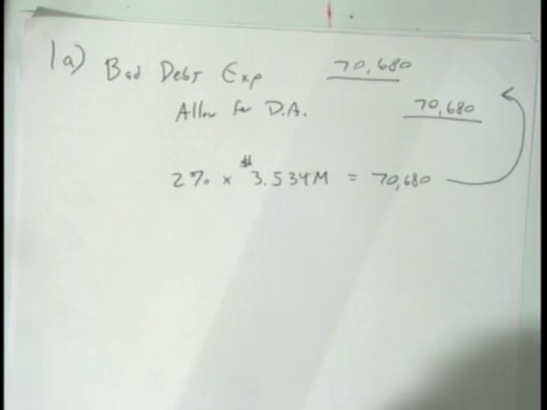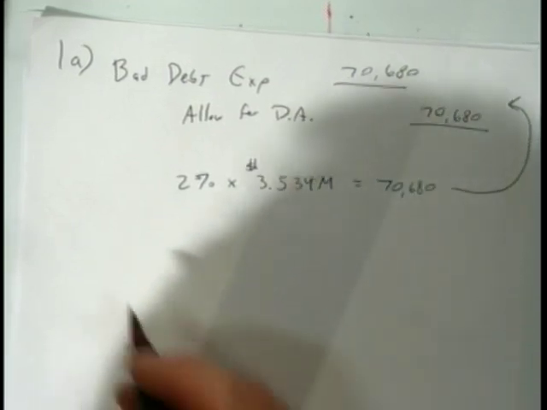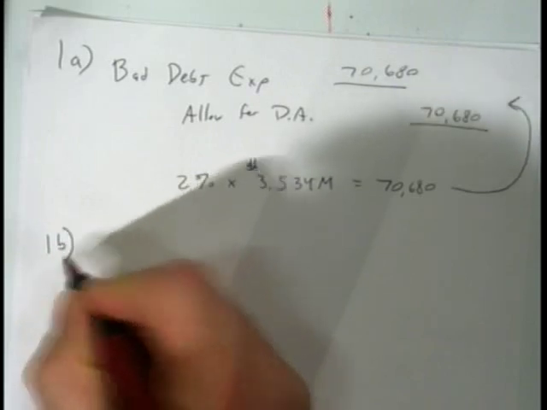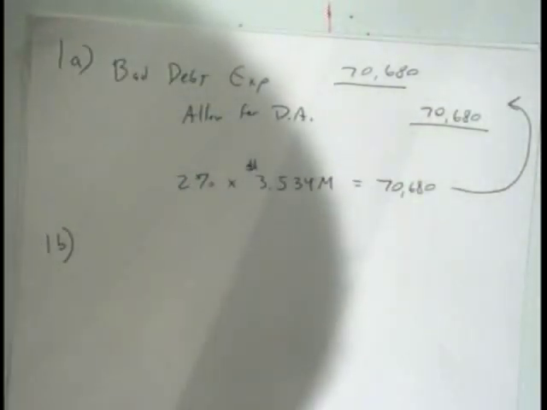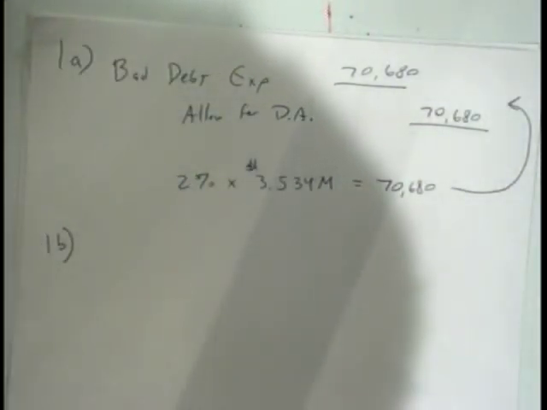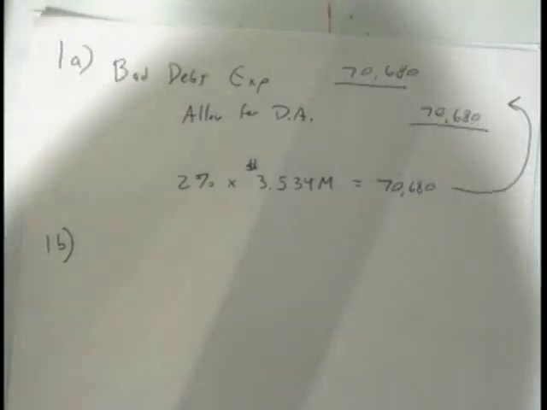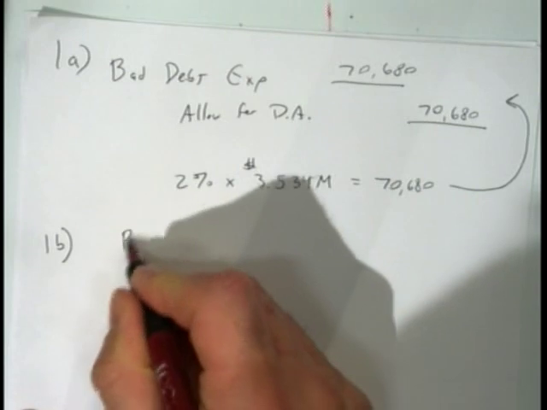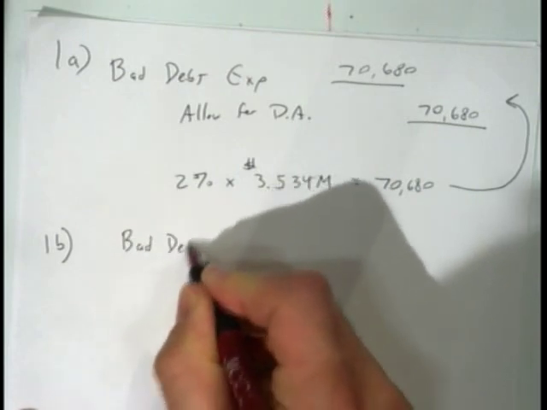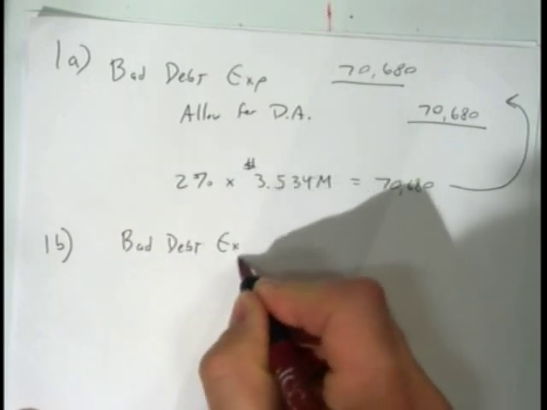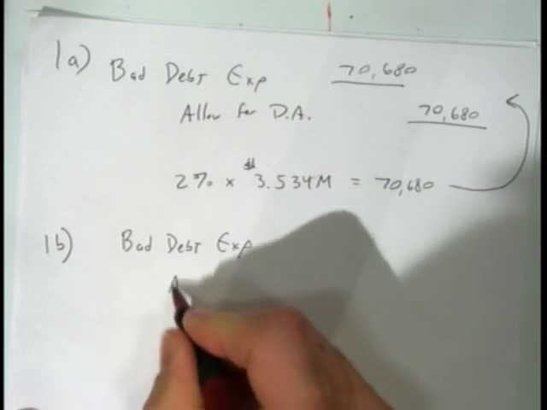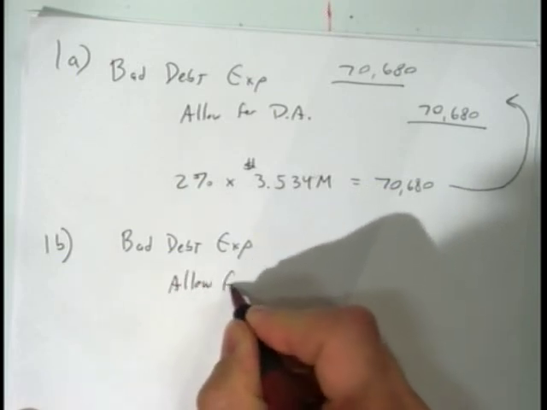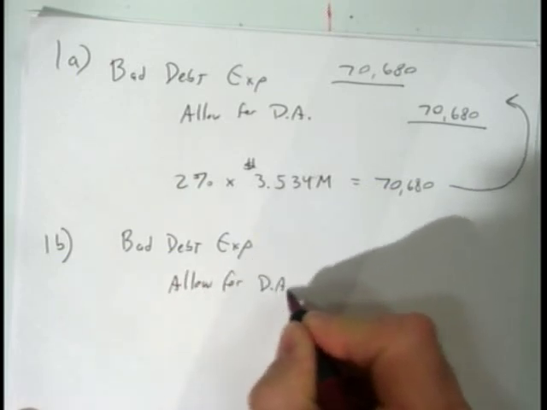Let's go on to 1B. Bad debts are estimated to be 1% of total sales. We're under the allowance method, so again the debit is to bad debt expense and the credit is to allowance for doubtful accounts.